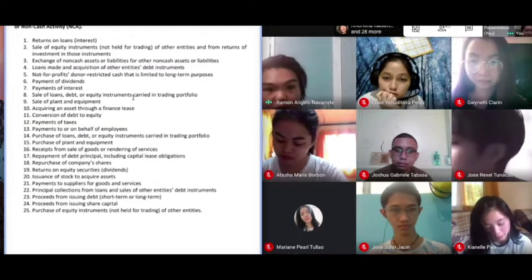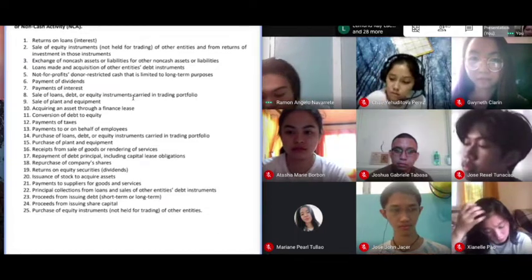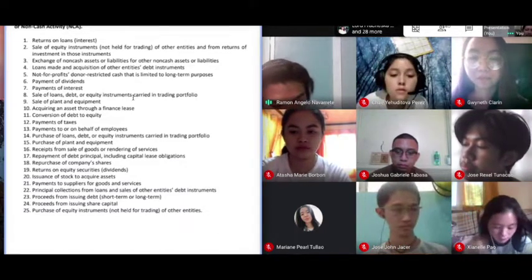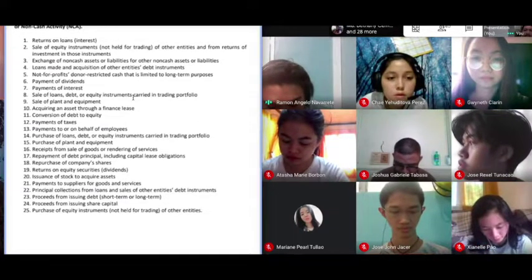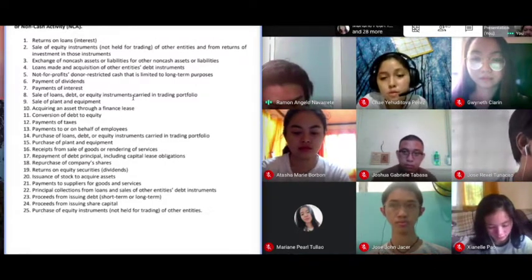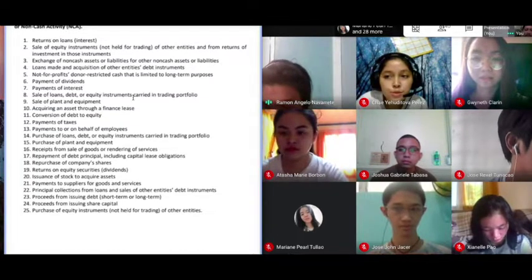Number 8. Sale of loans, debt, or equity instruments carried in trading portfolio. Our answer, sir, would be operating inflow because it is stated here in the book that cash flows arising from the purchase and sale of dealing or trading securities are classified as operating activities since they are similar to inventory acquired specifically for resale.